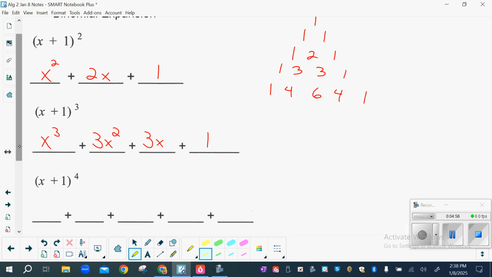What about the exponents on the x's? What's happening there? What's my pattern with my exponents on the x's? So what's happening with my exponents there? 3, 2, 1.